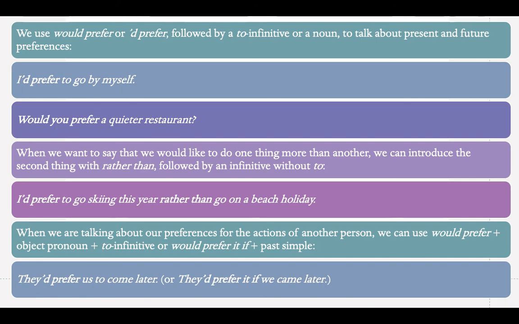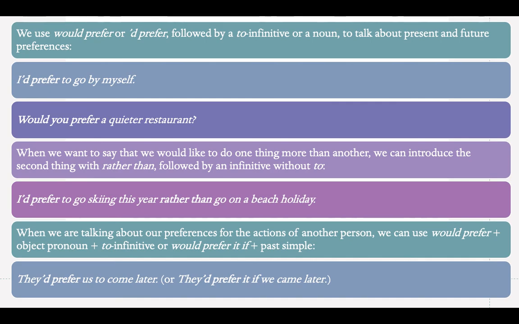And then when we talk about our preferences for the actions of another person, when I prefer you did this, etc., when saying that, it is would prefer plus you, object pronoun, plus to infinitive, or it goes like this. They'd prefer us to come later. After prefer comes the object pronoun us, then the to infinitive to come, and then complete the sentence.